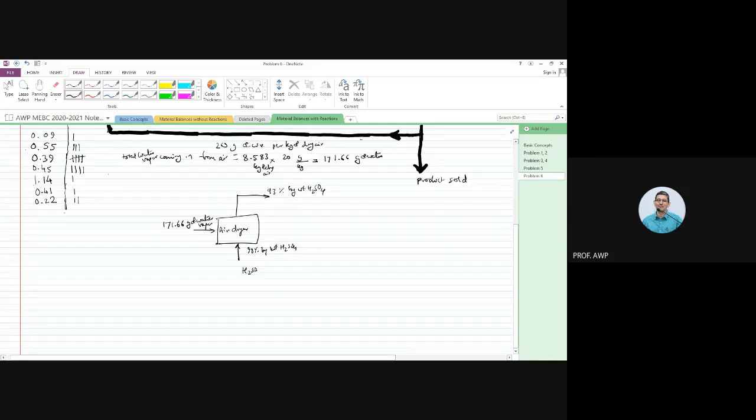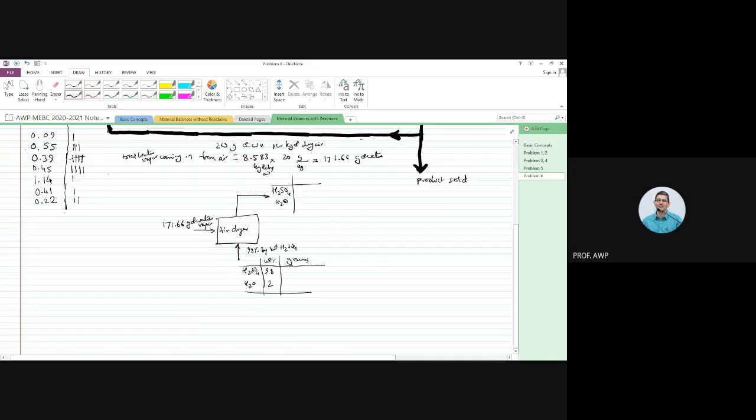So if I draw the table, what comes in, what goes out, H2SO4 and water weight percent, I write 98 and 2, and here also H2SO4 and water weight percent, it is 93 and 7.